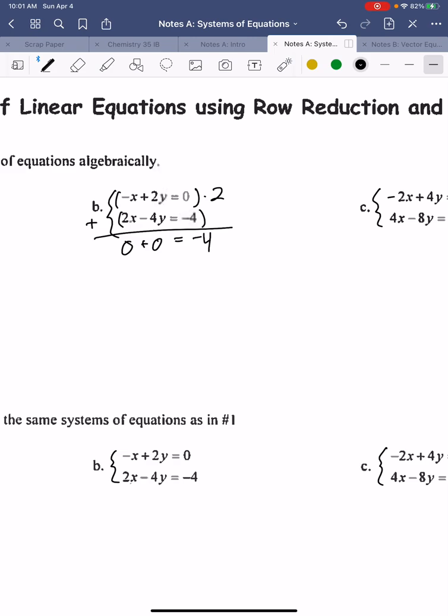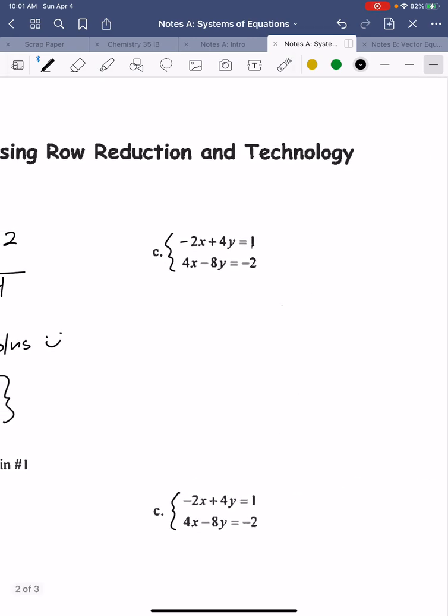You're probably thinking that looks wrong. Well, in a way, it is. 0 can't equal negative 4, which means there are no solutions. Here's how we show that: curly brackets and a little circle with a line through it.